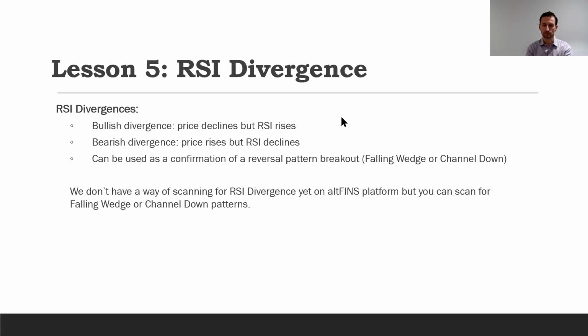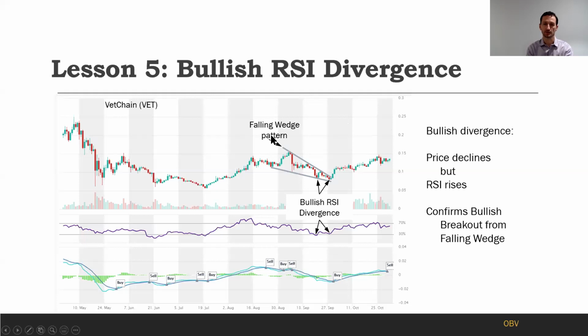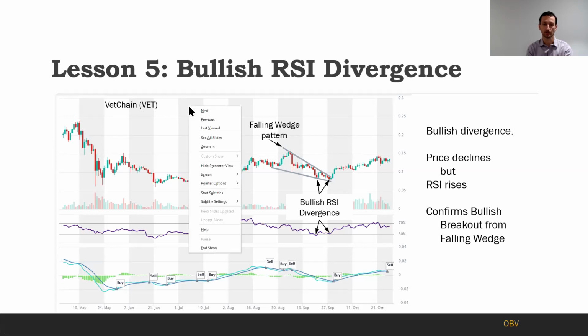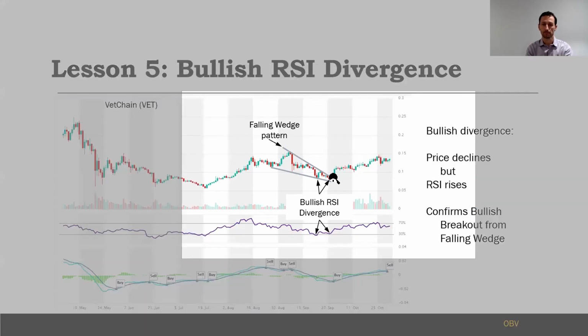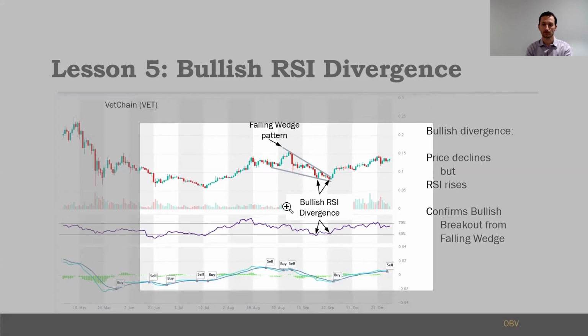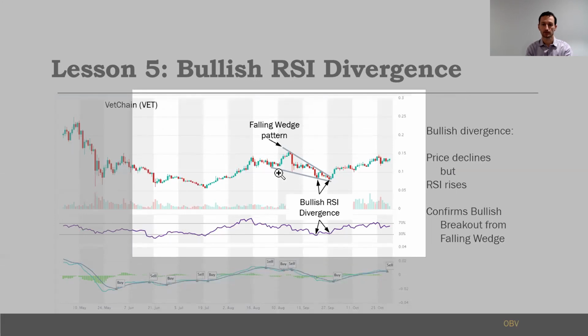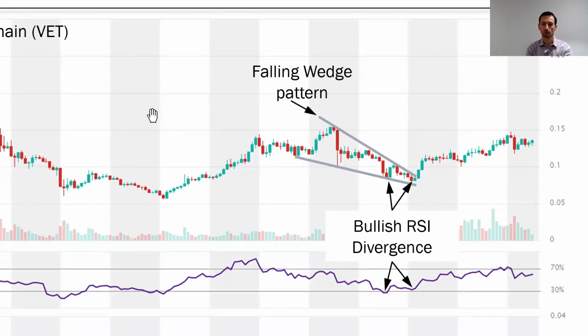Let's take a look at some interesting situations that happened in the last month or so, like VeChain. I'm going to zoom in here. Okay, so what happened with VeChain?